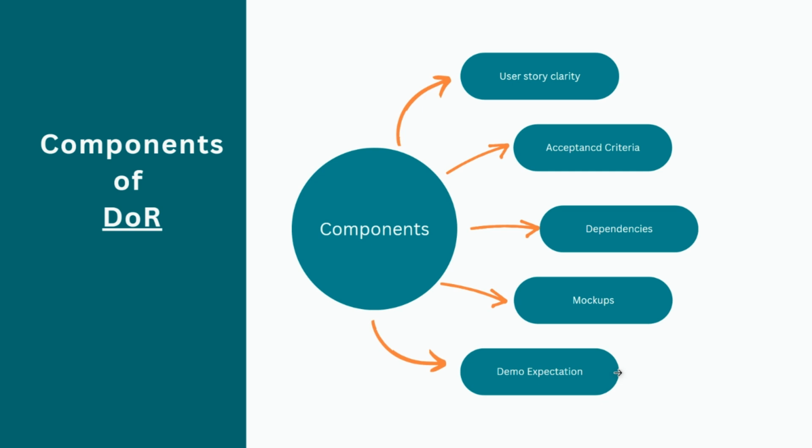When the development is done and we reach the stage of review, a sprint review is going on, and we are giving the demo to the customer, in that situation, how the demo will be done, what is the expectation from the product owner, what is the expectation from the client, that should be very clearly and well defined in the story under definition of ready. So it will be very easy for developers to match the expectation.